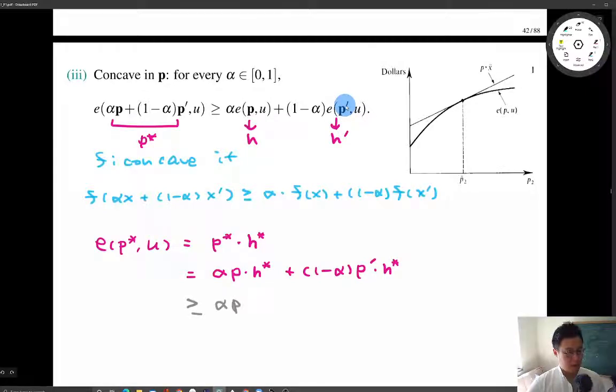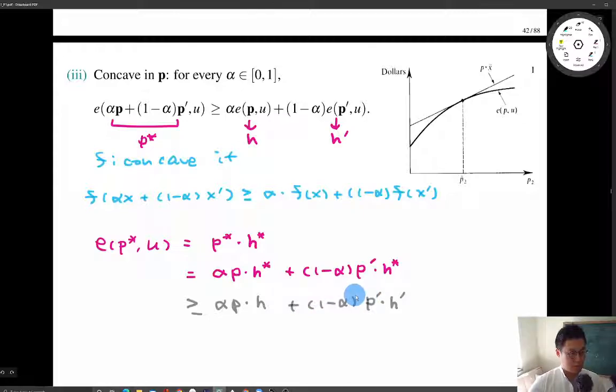Alpha P dot H is a minimal expenditure under price vector P, so that quantity will be smaller than this one. By the same reasoning, P prime dot H prime is a smaller quantity than this one, by the definition of the Hicksian demand.